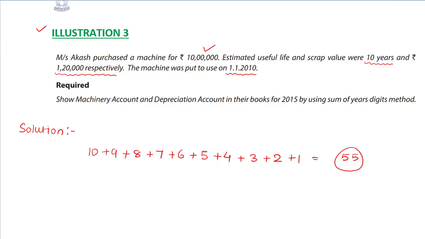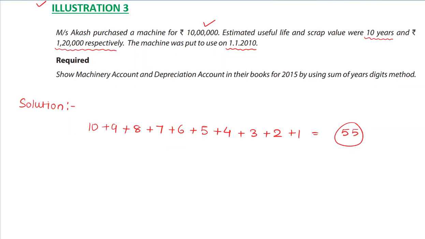What we need to show is the machinery account and depreciation account in their books for 2015. So we need to calculate depreciation for 2015.